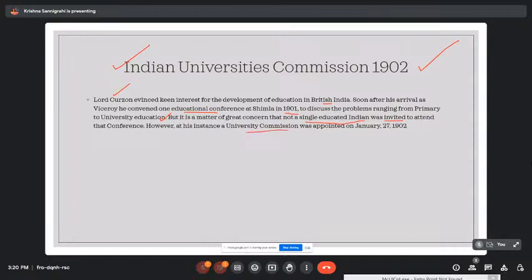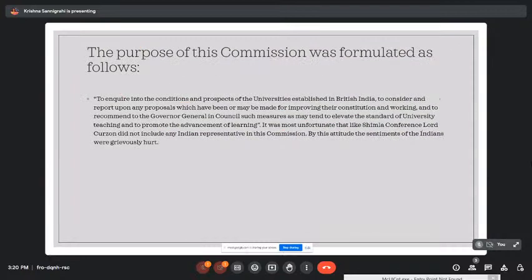So, at his instance, the University Commission was appointed on January 27, 1902. Now, the purpose of the commission was formulated as to inquire, that is, investigate and find out the conditions and prospects of universities established in British India. So you have seen that there is reference to presidencies, right?